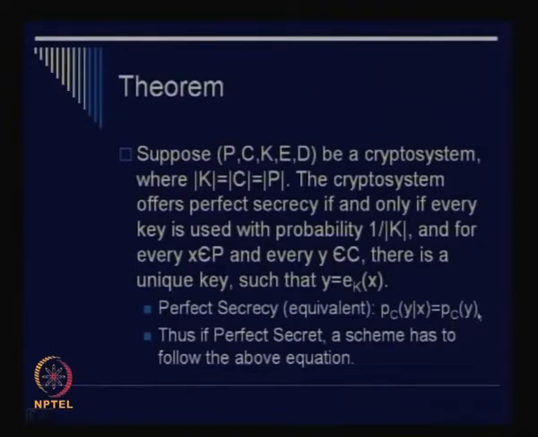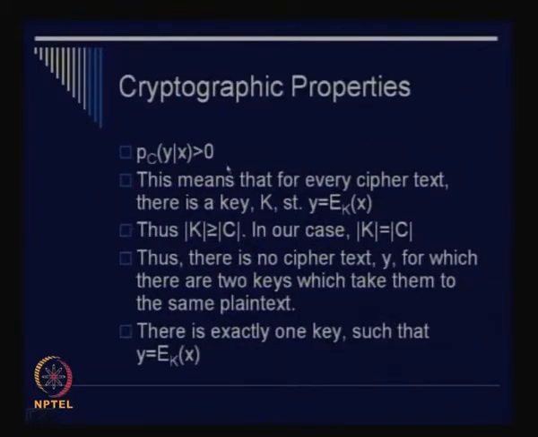So immediately this leads to the fact that P(y given x) is also greater than 0, right. So what I'm trying to say is that since P(y) is greater than 0, and if we have a perfectly secure cipher, then P(y given x) being equal to P(y) is also greater than 0, right. So therefore, P(y given x) is greater than 0. Okay. So which means that for every ciphertext there is a key k such that y is equal to e_k(x), right. So which means that for every ciphertext there is a key such that y is equal to e_k(x).